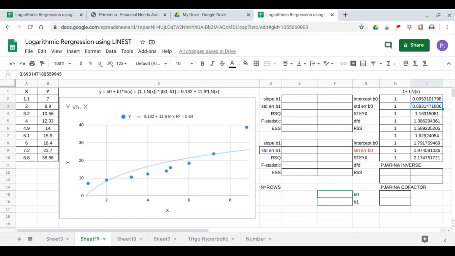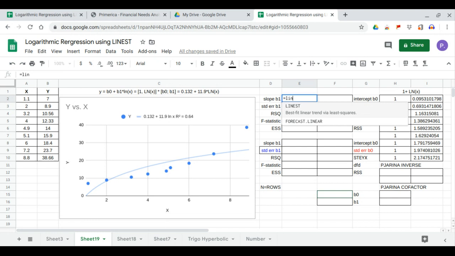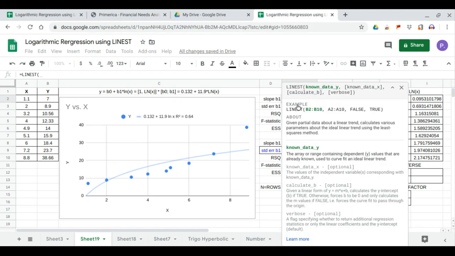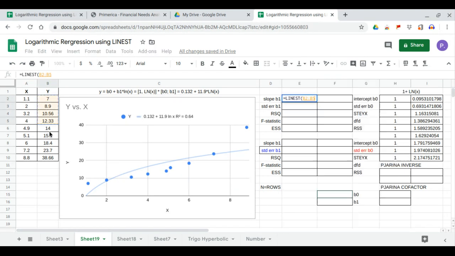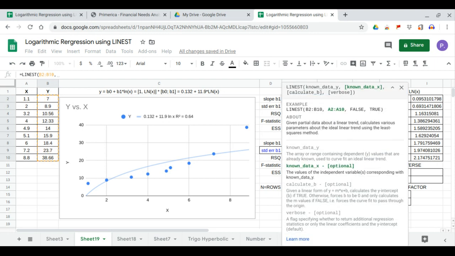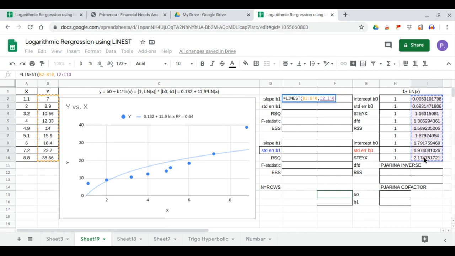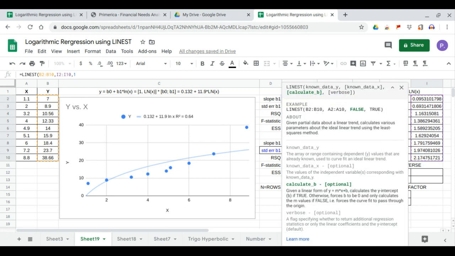Now that we have the 1 ln x matrix, we can use the LINEST function, where you have data y and data x, and we'll show the full statistics.